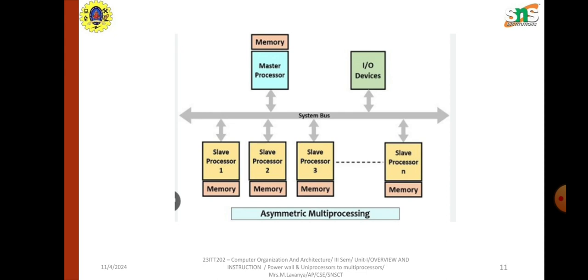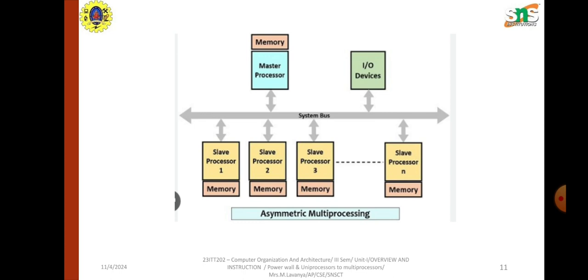That scenario is overcome by the asymmetric multiprocessing system, because a master processor is continuously monitoring the working of the slave processors. In such a way, if a processor is overwhelmed with more workload and a few other processors are in an idle state, that work will be shared among these idle processors.